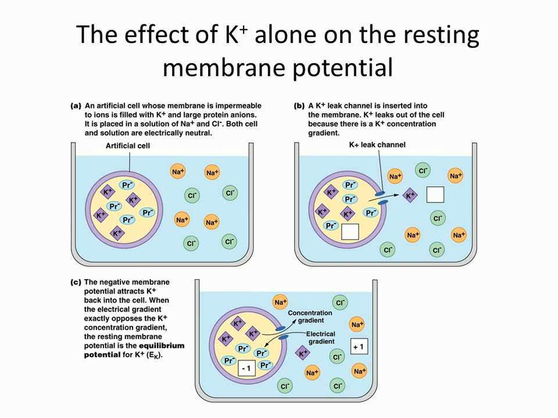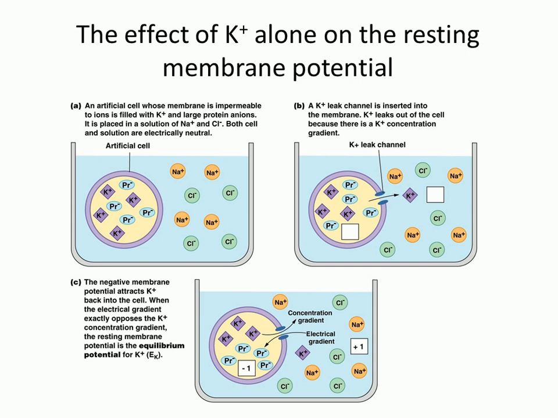And when it does so, what happens to the environment in terms of its charge? The inside has lost a charge, you're right, and outside has gained a charge. All right? So the movement of ions down their chemical gradients will result in a change in the electrical gradient as well. And notice that these two forces are in opposition to one another.